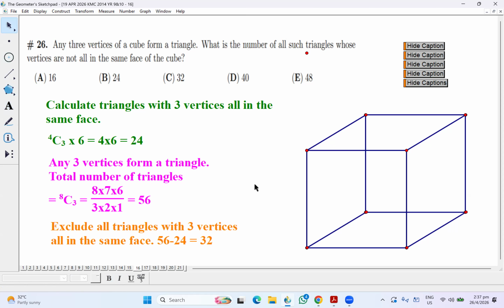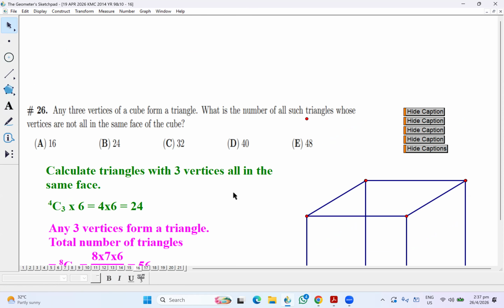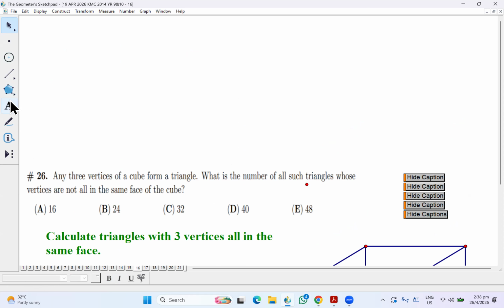I'll explain the 8 choose 3. Suppose you've got A, B, C, D, E, F, G, H. If you talk about arranging 3 only, the first one has 8 choices, the second one 7, the third one 6. This you arrange.